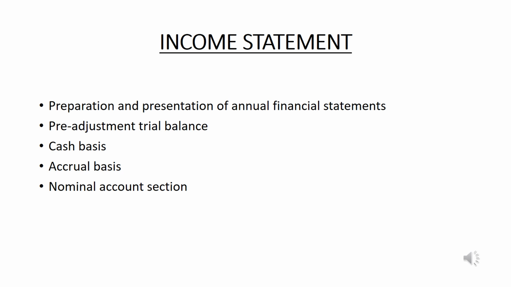Then we look at the accrual basis. With the accrual basis, we record that a transaction has occurred, even if cash is not received or paid. So, even if cash is not involved, we record that a transaction has occurred.